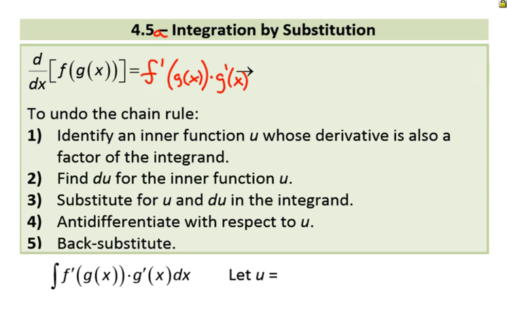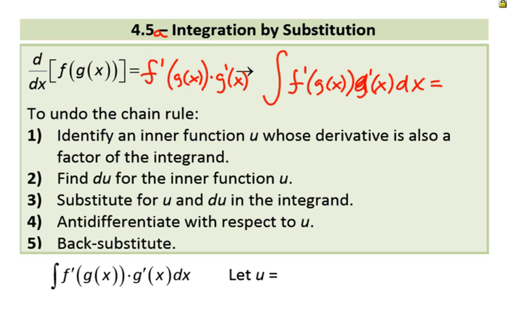So that's called the chain rule, and that's how you take the derivative of the composition. But now, what if I want to take the integral of the composition? Remember, the integral is finding the function whose derivative I'm given. So what I'm going to put inside the integral is f prime of g of x times g prime of x dx. If I were to take the integral of that, whose integral would that be?